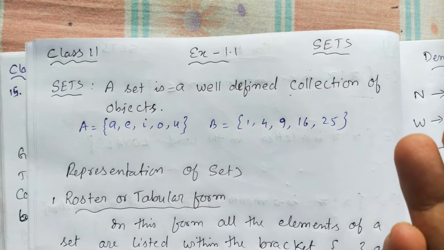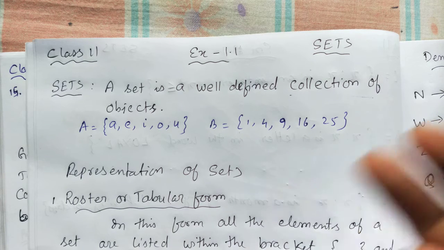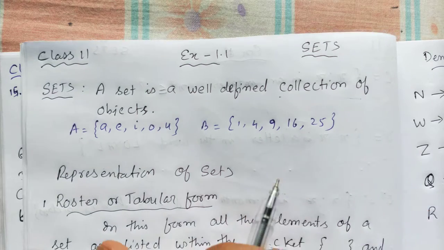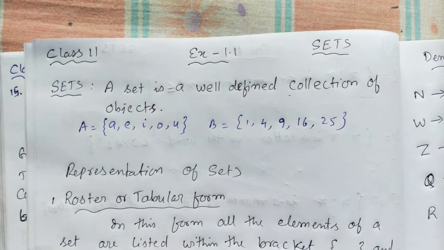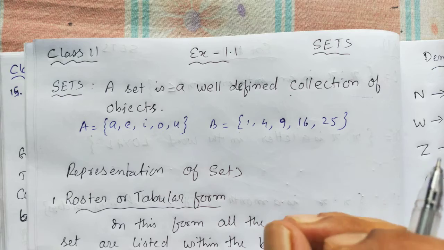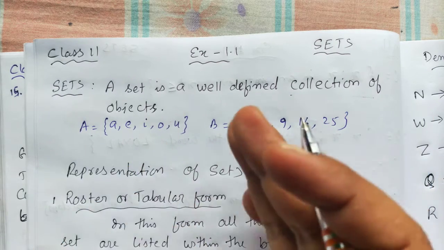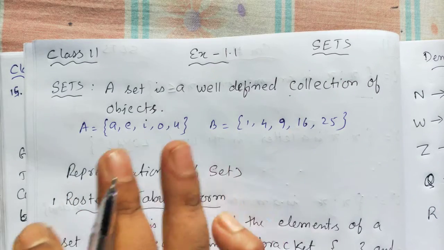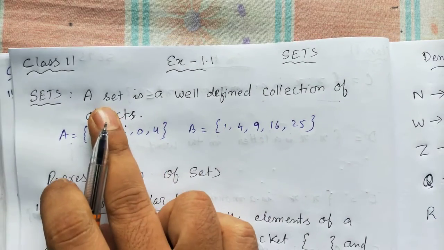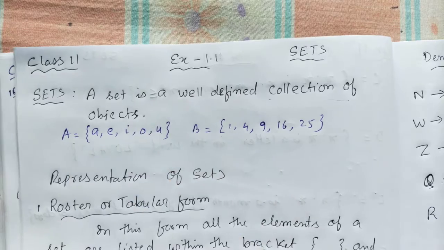Some player may play well, other player may play well tomorrow. So these are not well defined. Suppose if I ask you to write the collection of 5 best movie, so everyone's point of view will be different. So these are not well defined. So set, you have to know that it is well defined collection of an objects.